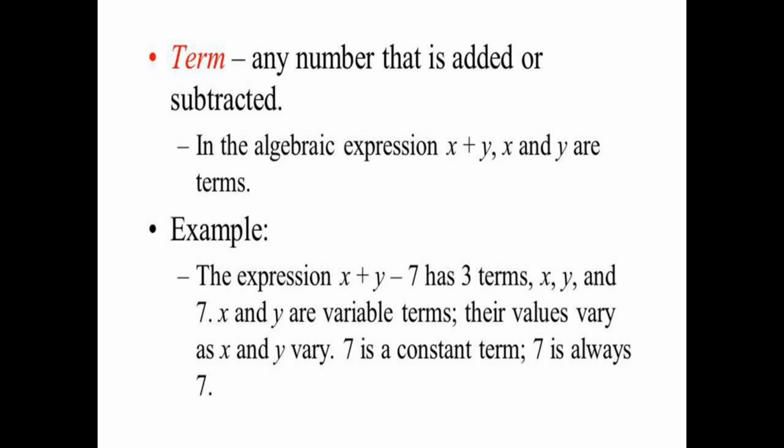For example, the expression x + y - 7 has three terms: x, y and 7, where x and y are variable terms because their values vary as x and y vary. Here vary means changes, and 7 is a constant term because the value of 7 is always 7, or we can say fixed. Hopefully it is clear to you.